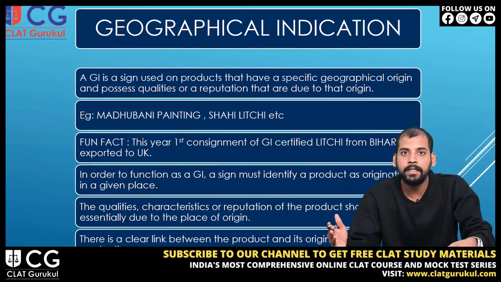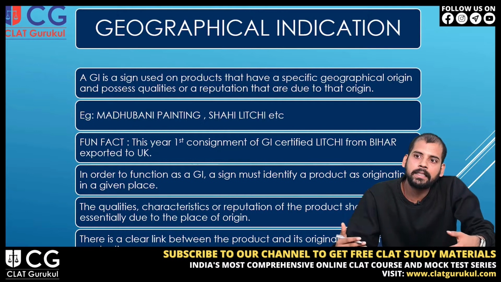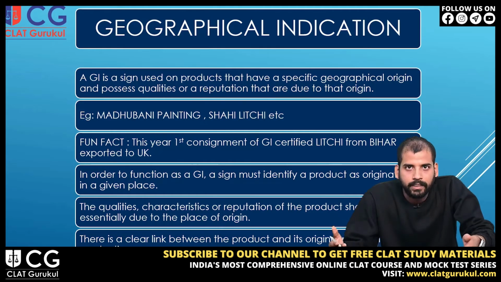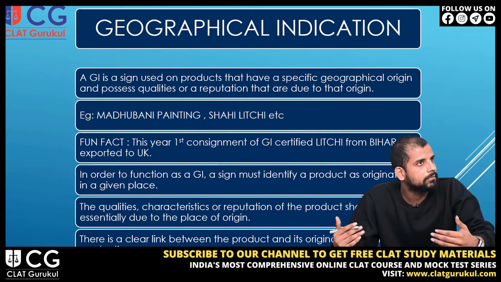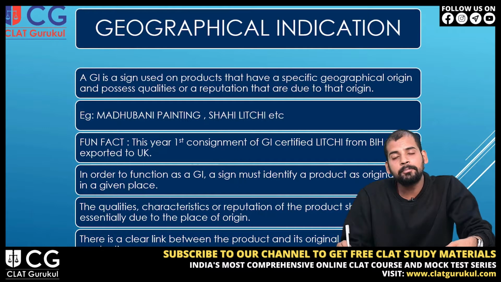From an economics point of view, it is also relevant because countries are getting income from that thing, right? In other countries, like for example this Shahi Lychee thing, it has been exported to UK.